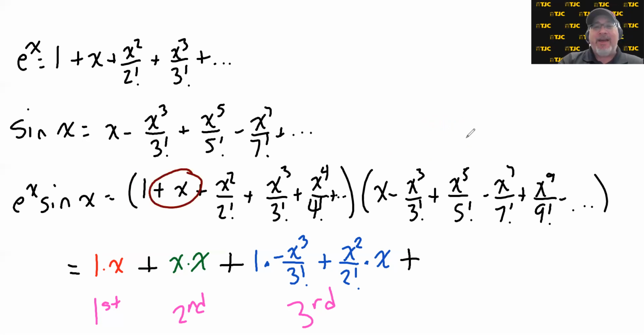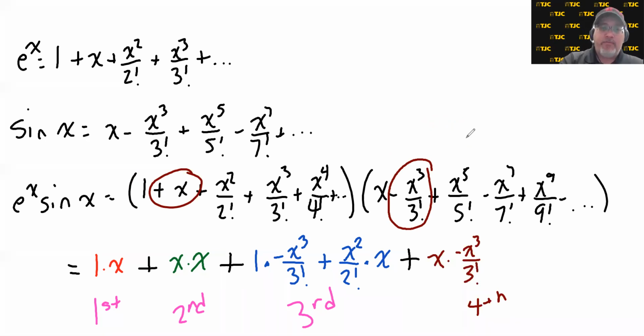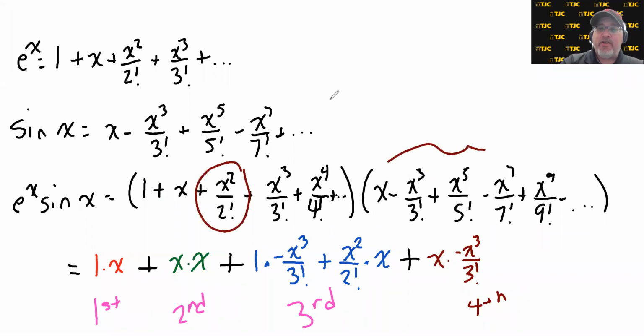Can we multiply by x to get an x to the fourth? Well, if we have an x cubed, and we do. So we have a fourth degree term that we get from multiplying x times negative x cubed over 3 factorial. But let's see if there are more. Let's go to the second degree term. Is there a term over here that would bring us up to fourth degree? No, it would need to be an x squared, but all of those terms are of odd parity.